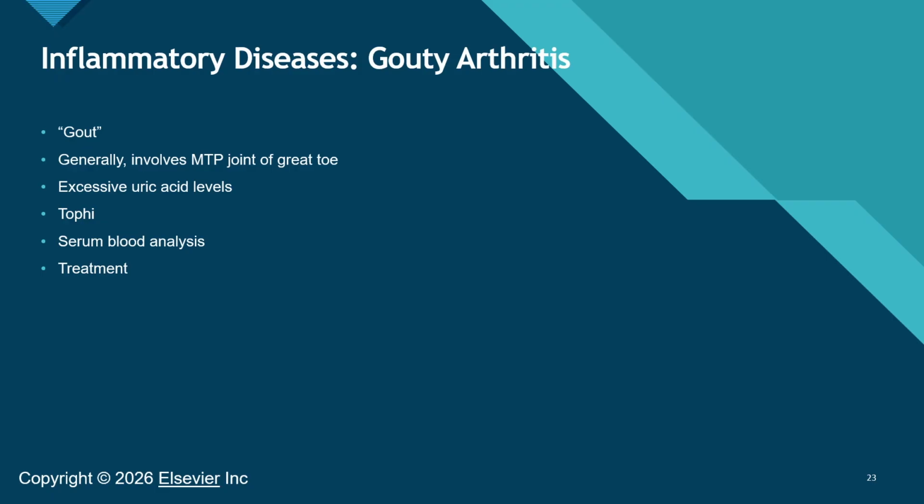The crystallization of the uric acid within the joint causes an acute inflammatory reaction, so the large masses of those crystal deposits in joints are called tophi. Treatment of gout consists of a lifestyle modification and medications either to promote excretion of uric acid by the kidneys or to inhibit the production of uric acid within the body.